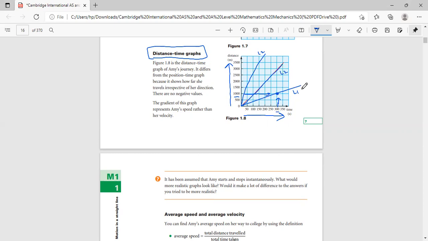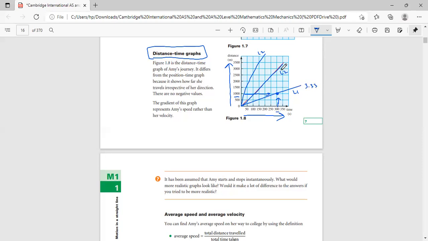So tell me, what is the speed of line 1? It's 3.33, recurring.